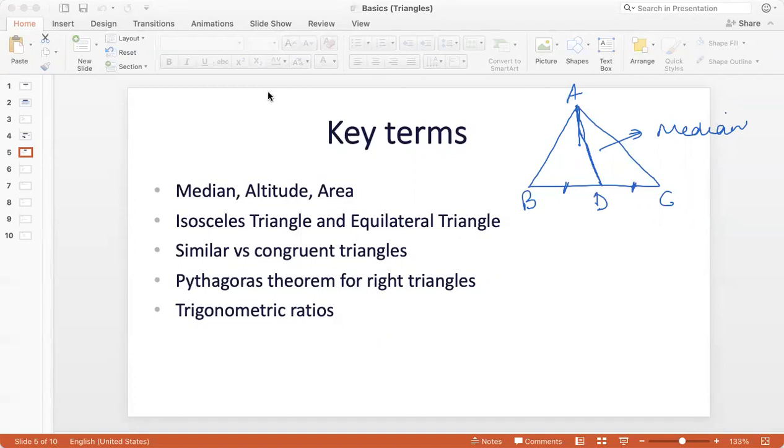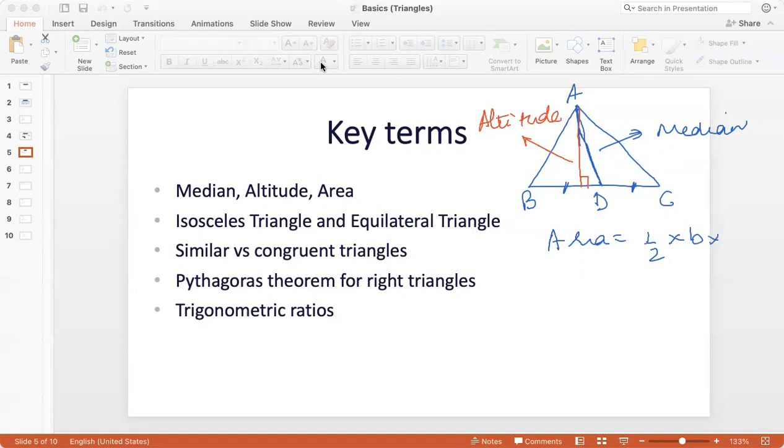What about the altitude? The altitude is the perpendicular from the vertex to a side, right? So when you drop a perpendicular from a vertex to any side, that's called the altitude. And the area of a triangle is given by half base into altitude, which is normally denoted by h.